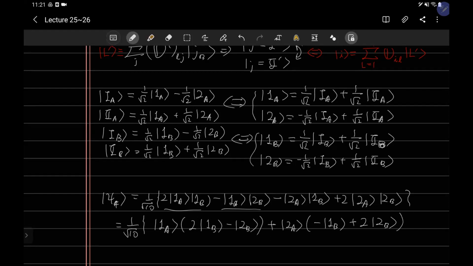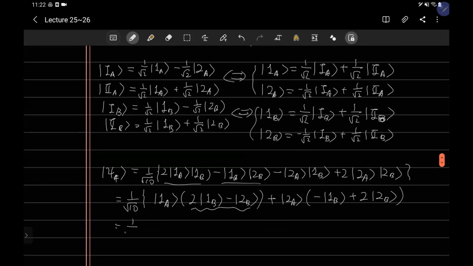And what happens here is that if I replace each of them like this one, then this term will be the same as this one.